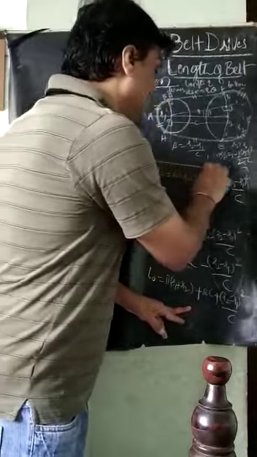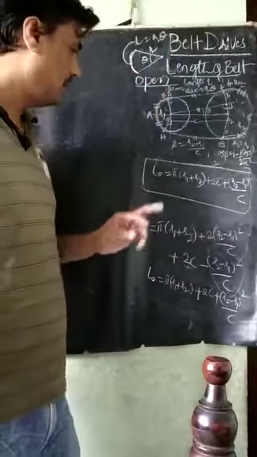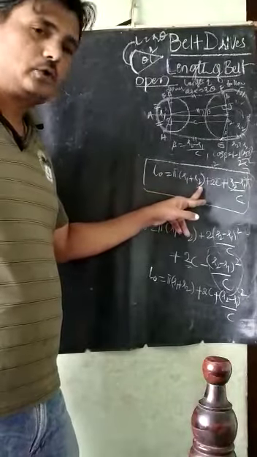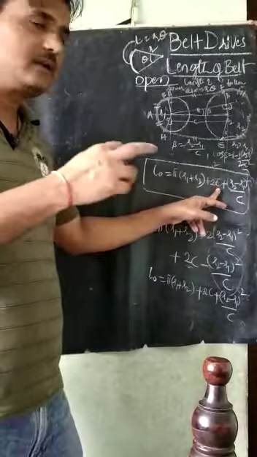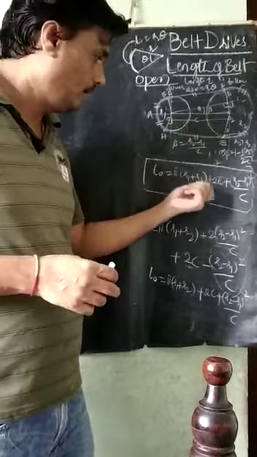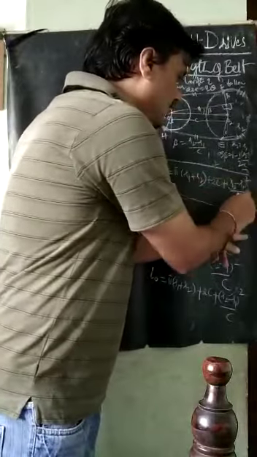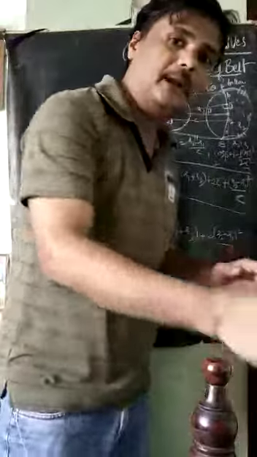So this is the formula for the length of the belt. Once again I will repeat: length of the belt is equal to pi (R1 plus R2) in the bracket plus 2c, where c is the central distance between the two pulleys, plus (R2 minus R1) whole square divided by c. This is the length of the belt.